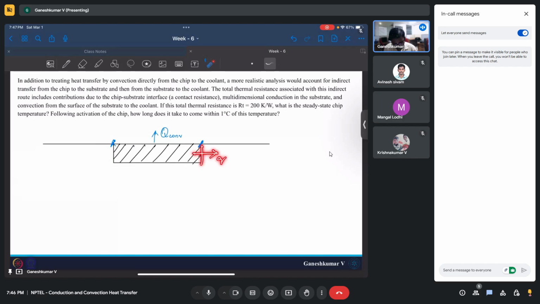So basically these are adiabatic, we assumed it to be adiabatic. Now from here the heat conduction happens, here the heat conduction happens, here the heat conduction happens, and in addition the convection also happens here. Let's call it Q dash convection. This is Q dash conduction.